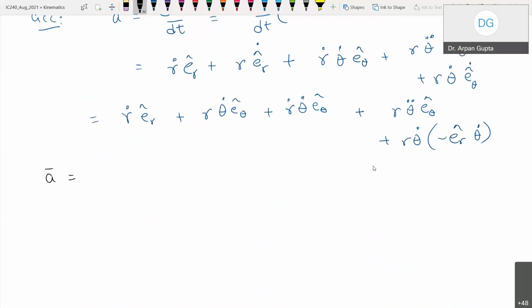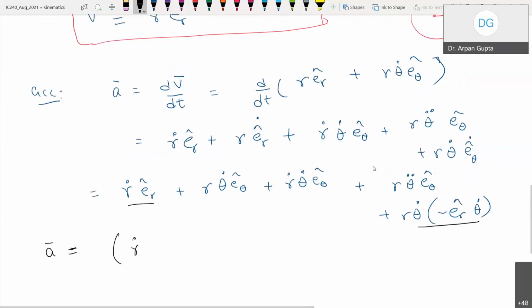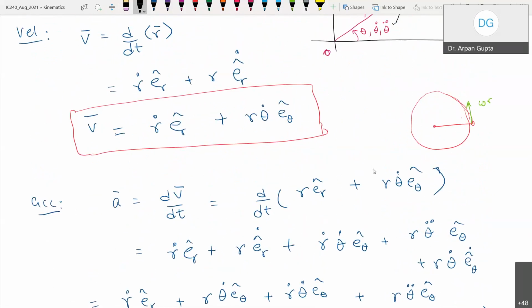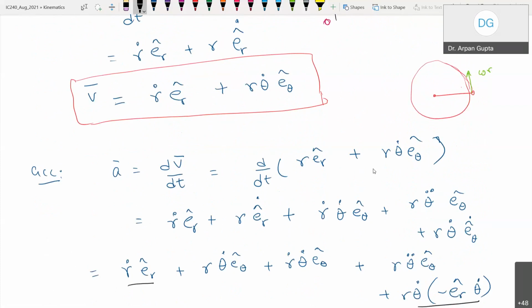Let's combine terms together. So if I see e r cap, this is e r cap, this is e r cap. Let's put them together. So it is r dot. Wait a minute. Oh, this is r dot. I forgot to put a dot here.